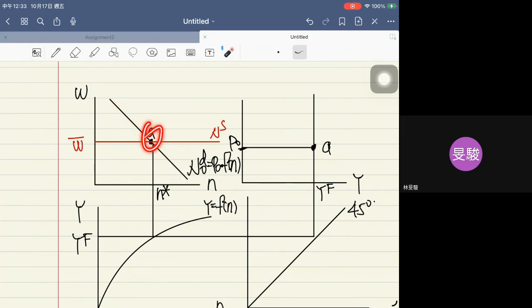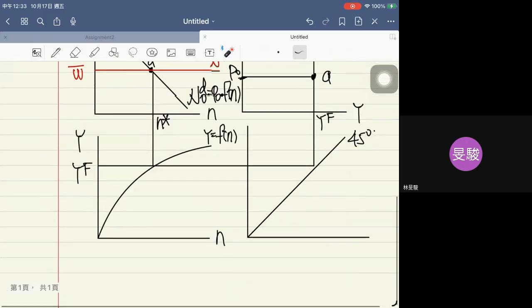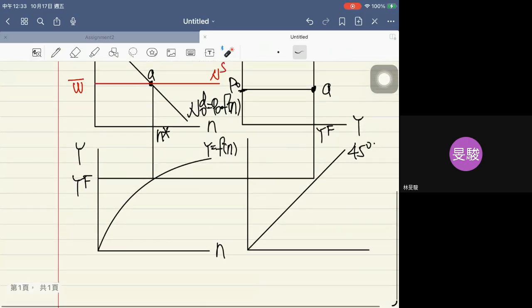At point A, the equilibrium level of employment is N star. Given this level of employment, the production function indicates that output equals YF.